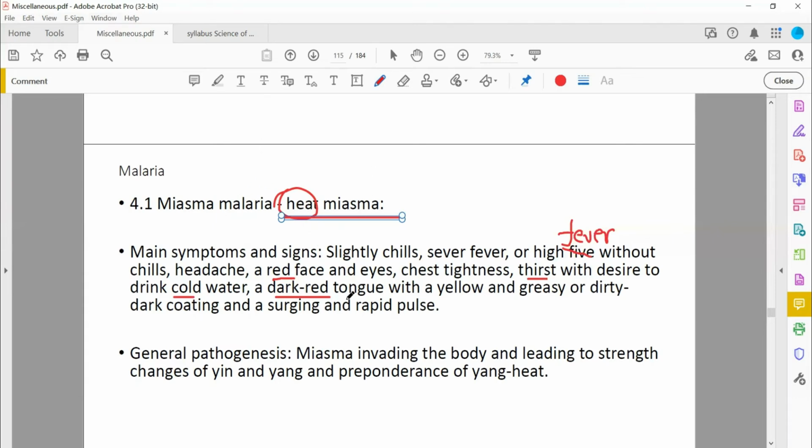This one is heat malaria, with a yellow and greasy or dirty dark coating and surging rapid pulse. Full pulse, surging pulse, so that means the heat is even stronger. Miasma invading the body and leading to strain between the yin and yang and a preponderance of yang heat. Extreme yang heat.